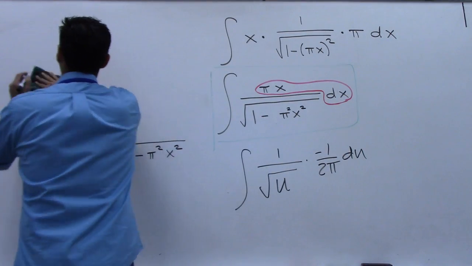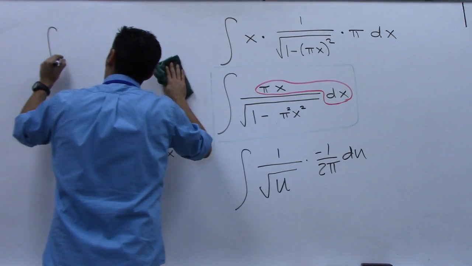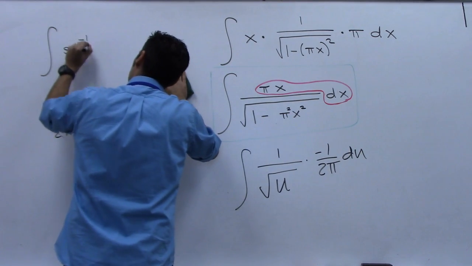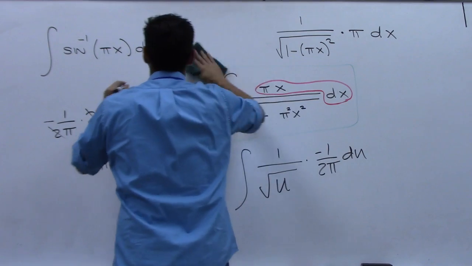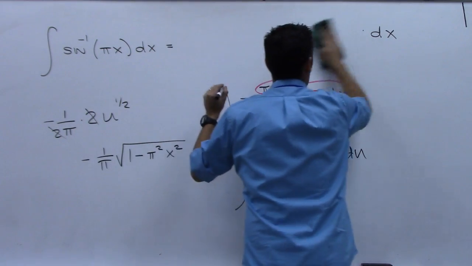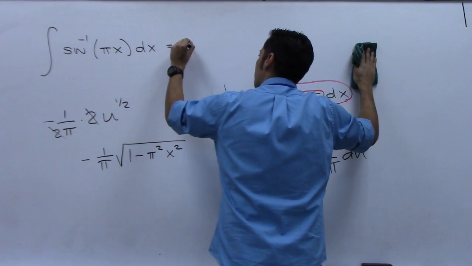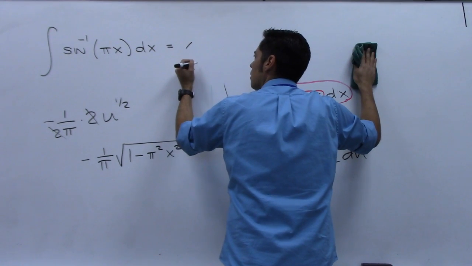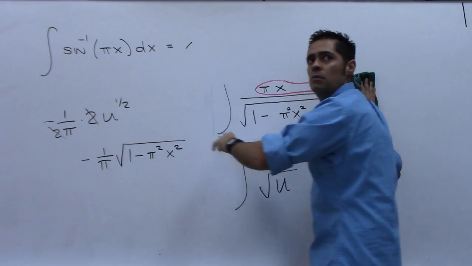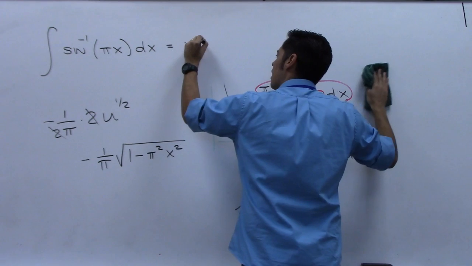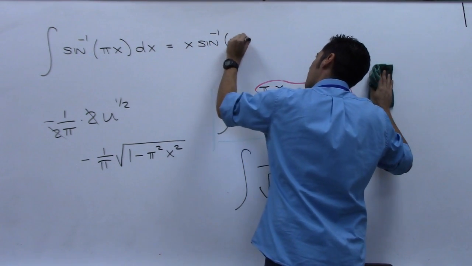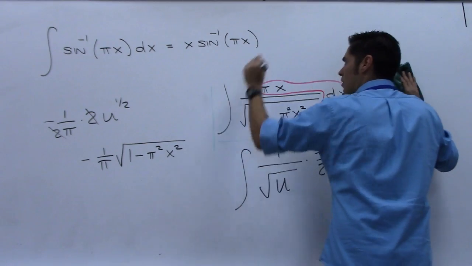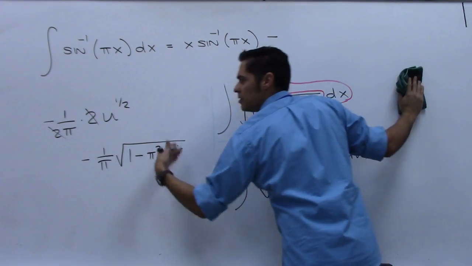The original integral, which was arc sine of pi x dx, is equal to u v, which was, I don't remember, x times arc sine pi x. Minus now this, right?